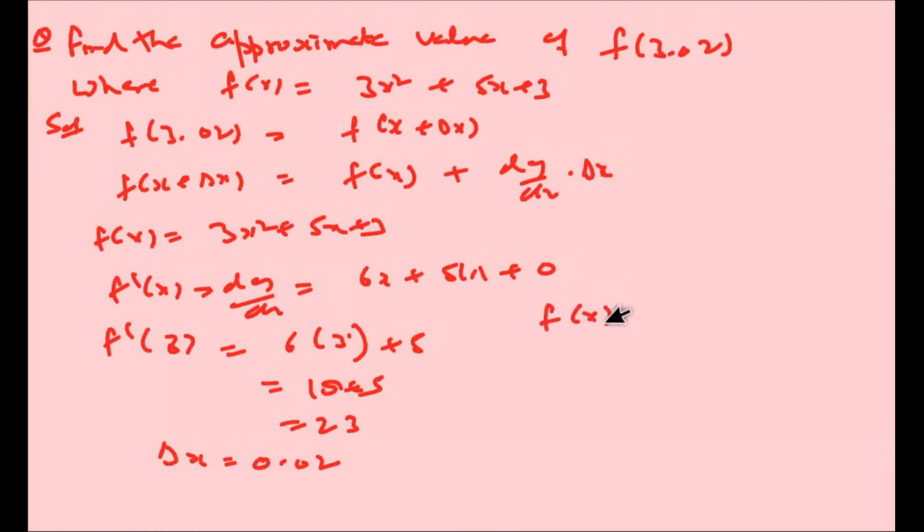Now f(x) equal to f(3) equals 3 into 3 square plus 5 into 3 plus 3, which is 27 plus 15 plus 3, equal to 45.